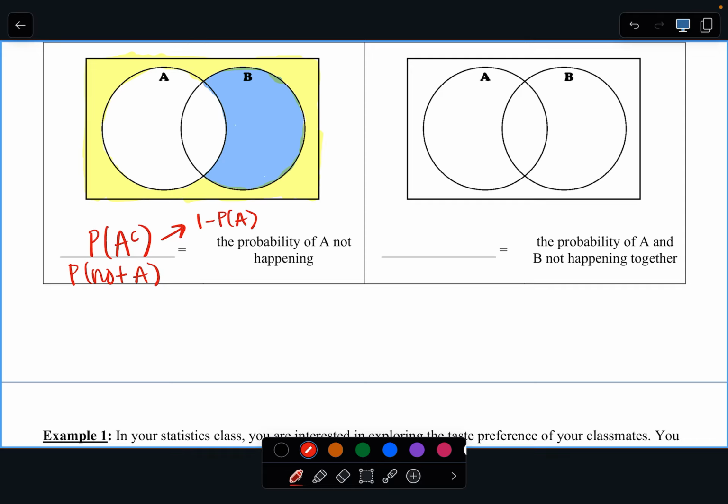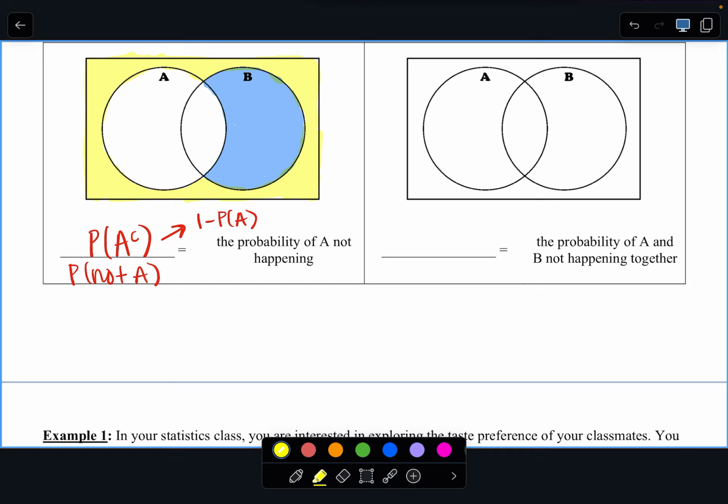Okay, the probability of A and B not happening together. So the only place that they happen together is the intersection, the overlap of the two circles. So that is the only place I'm trying to avoid. So in the left-hand side, I was trying to avoid the entire circle A. On the right-hand side, I'm just avoiding the overlap.